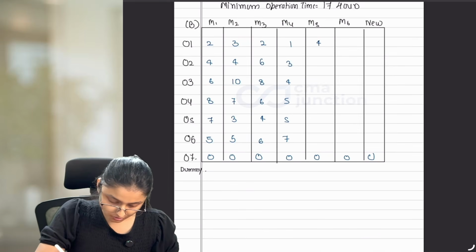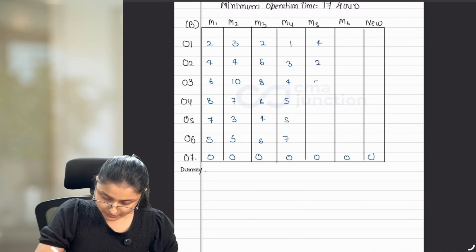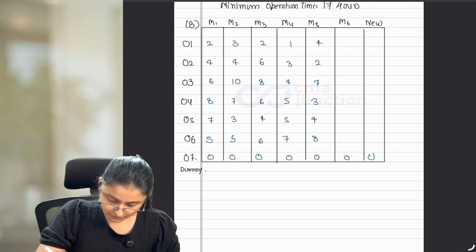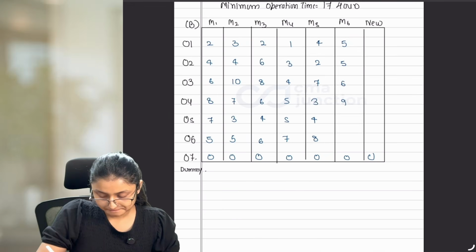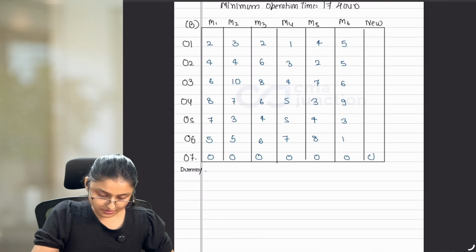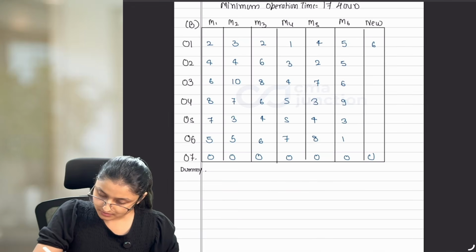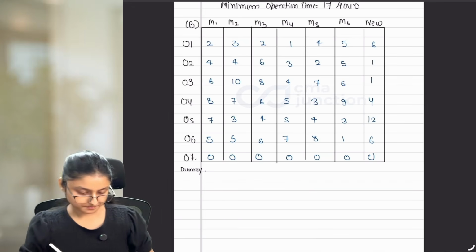Next 4, 2, 7, 3, 4, 8. 5, 5, 6, 9, 3, 1. And the last one is 6, 1, 1, 4, 12, 6.